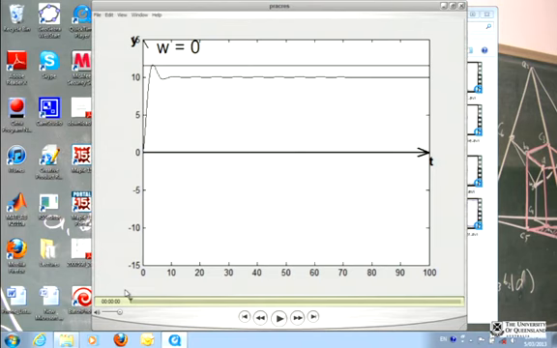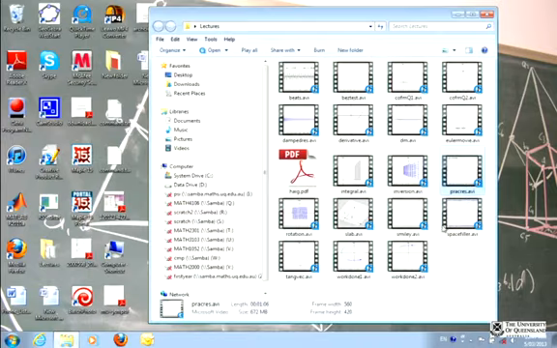Well, that's at omega equals 0. When omega equals 0, cos of 0 is 1, so the right-hand side is just 10, and certainly the particular solution in that case would just be yp equals 10. So that's all that's happening in that example. This was just a little artificial example to demonstrate practical resonance.